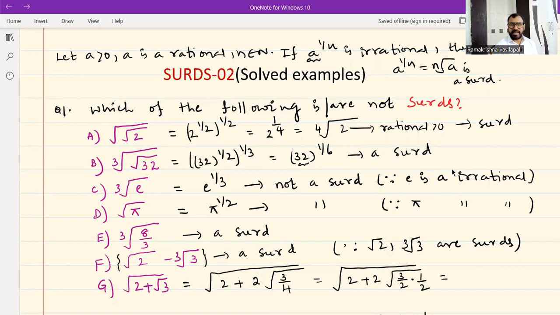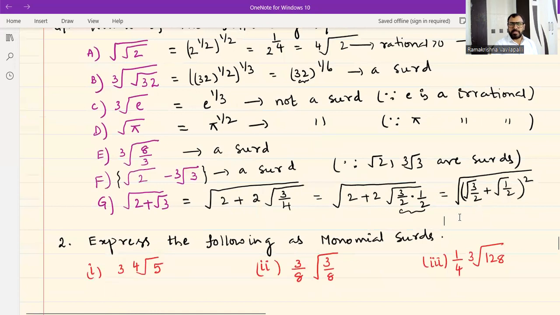So this sum we can write as root over 3 by 2 plus root over 1 by 2, whole square, under root. Further it simplifies to simply root over 3 by 2 plus root over 1 by 2. It is again a sum of two surds, therefore it is a surd.